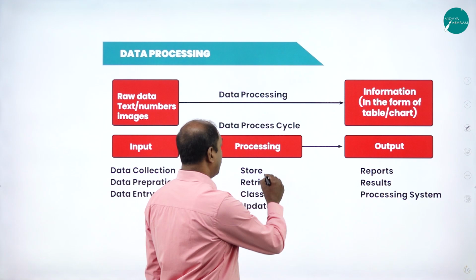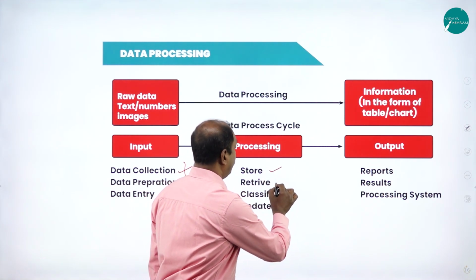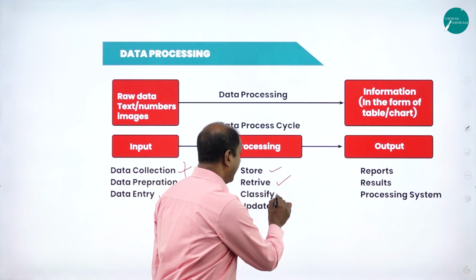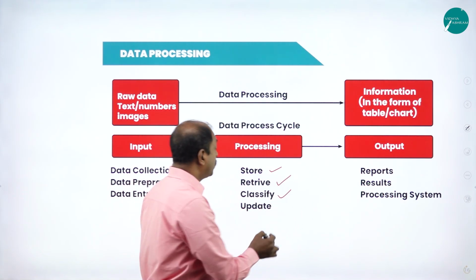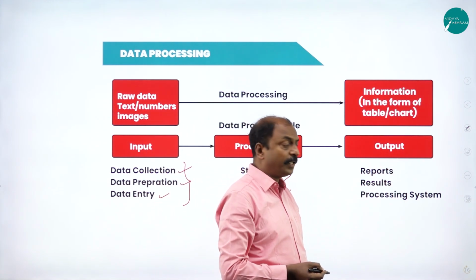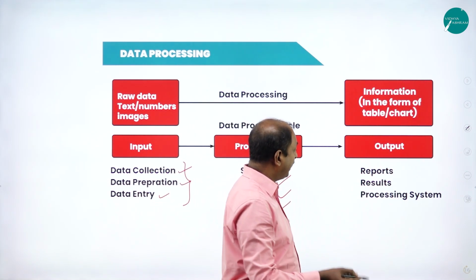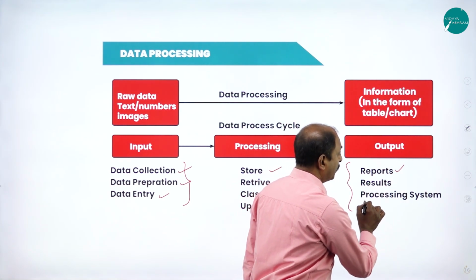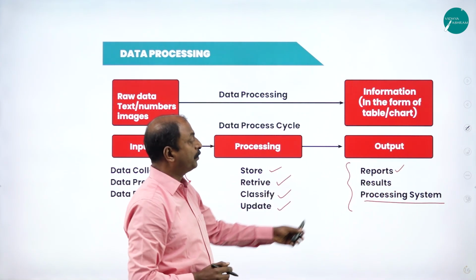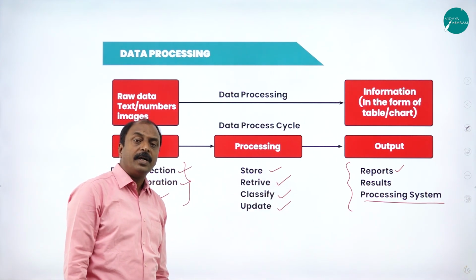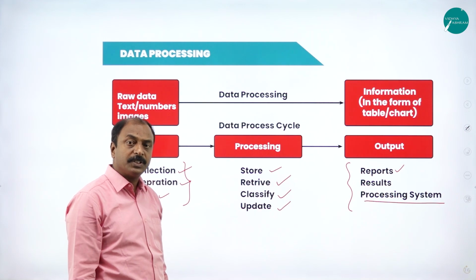During this process it has to be stored, and we can retrieve the data whenever the user requires it, we can classify the data, and also it has to be updated. The next step, output, is the result, nothing but information. Information can be in the form of reports or the result of the data processing cycle. So this is a schematic diagram for data processing in a computer system.